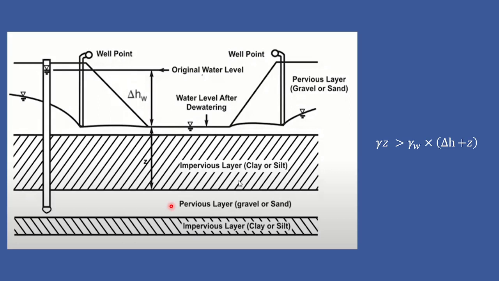Why is it so? Because here your uplift pressure will act, and this uplift pressure is basically equal to gamma w into delta h into z, and the overburden pressure acting here is equivalent to gamma z.